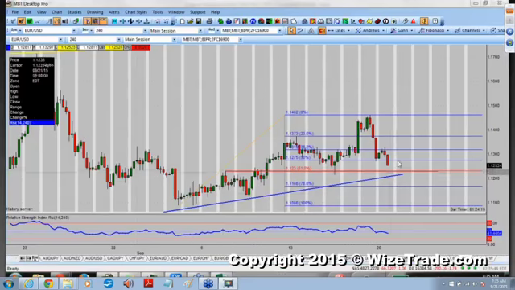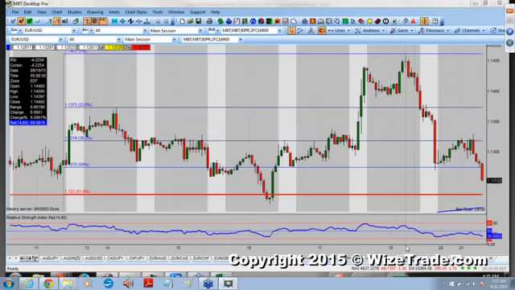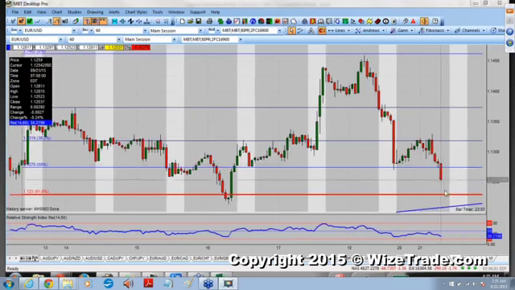You know, I'd rather short a rally, but the question is how far are we going to rally now? That's the questionable part. Let's go over to the hourly charts. As we move lower on the hourly, the RSI is about ready to break new lows too.